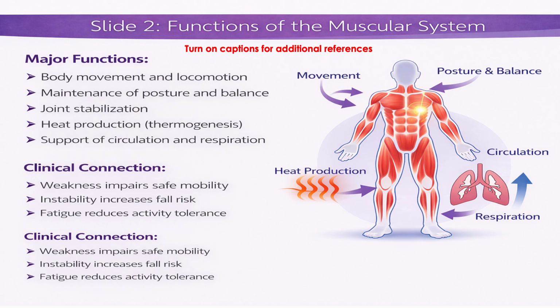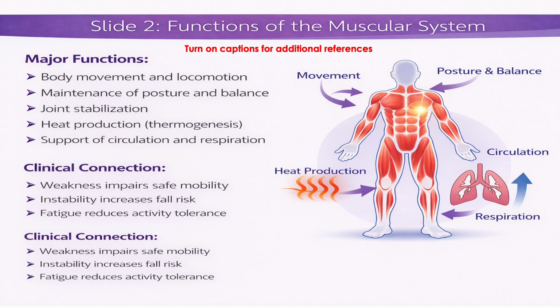This baseline tension helps stabilize joints and supports proper body alignment, particularly during standing and sitting. From a physiological standpoint, muscle activity also contributes to heat production, a process referred to as thermogenesis, which assists in regulating body temperature.